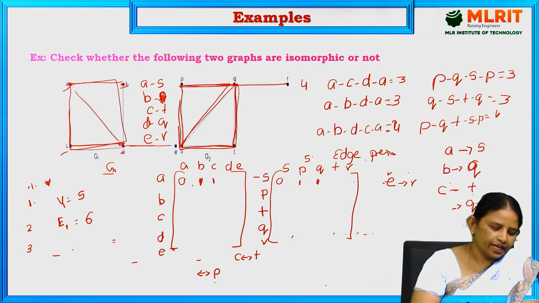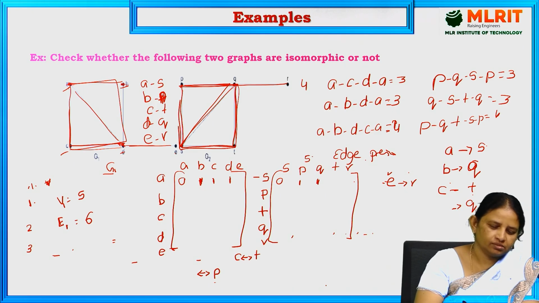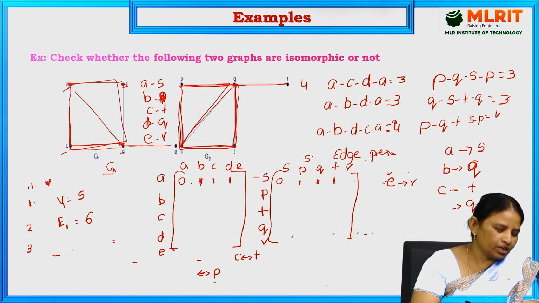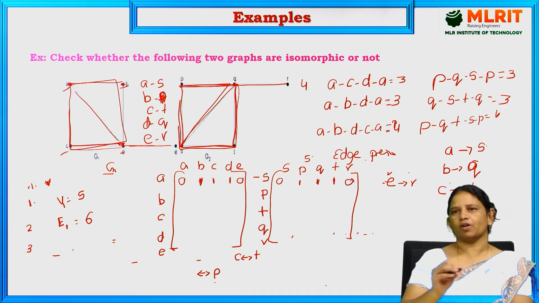Then A to D, edge is present. S to T, edge is present. Yes, 1. Next, A to E, no edge, 0. Then S to R, no edge, 0. That means in the first row, both values are equal.